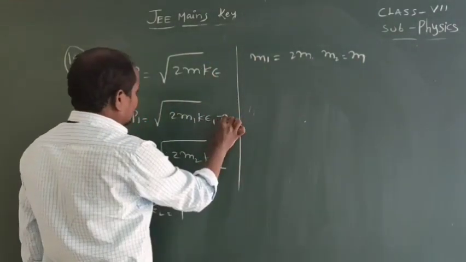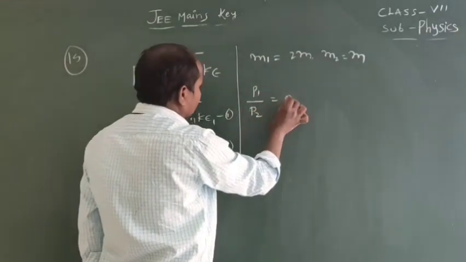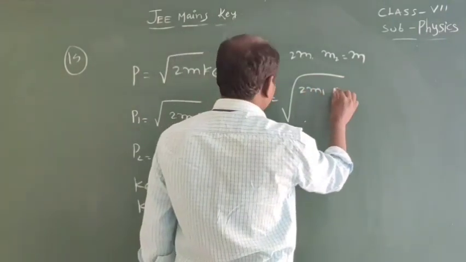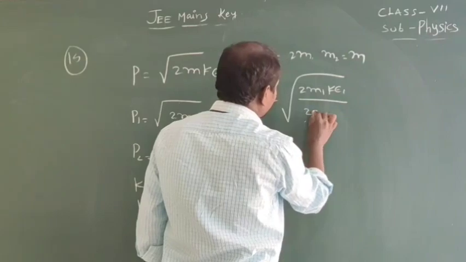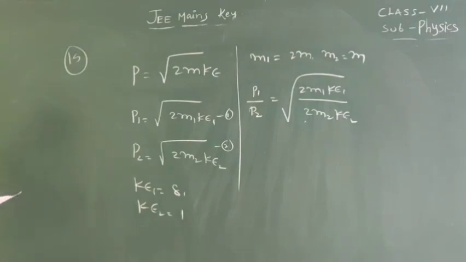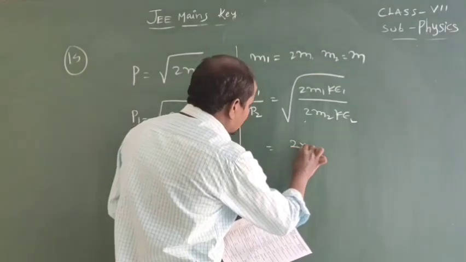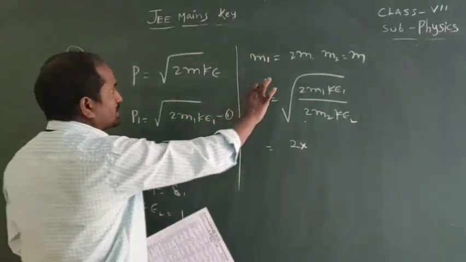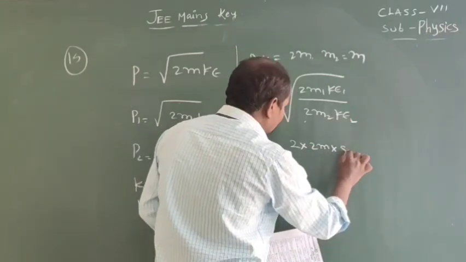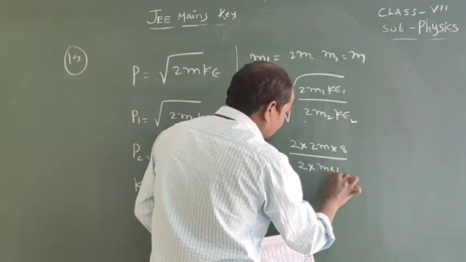So here equation number 1 by equation number 2 equal to root of 2m1 K1 by root of 2m2 K2. Substituting the given condition, m1 equal to 2m, K1 equal to 8, m2 equal to m, K2 equal to 1.